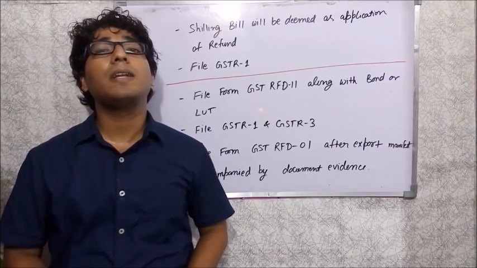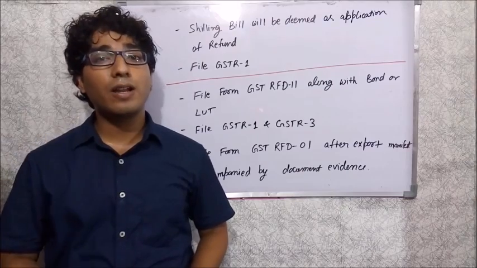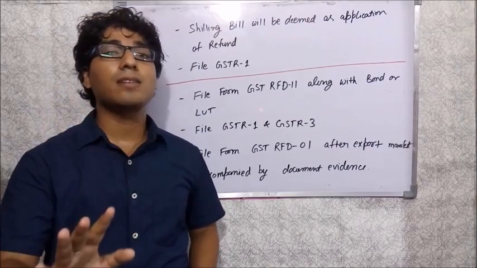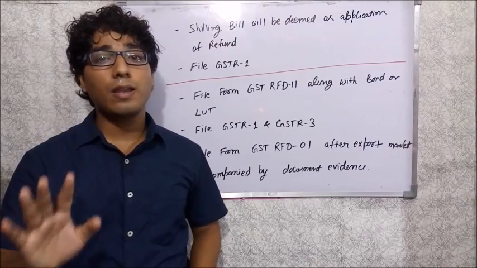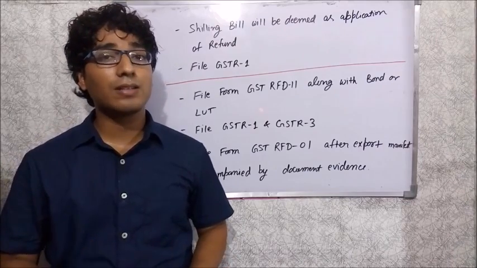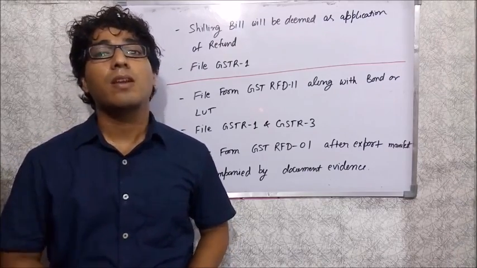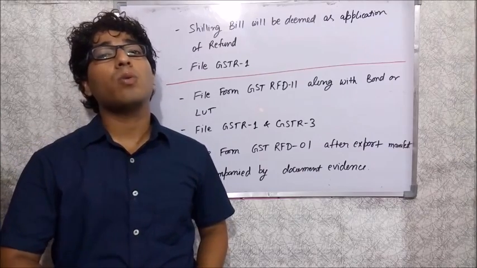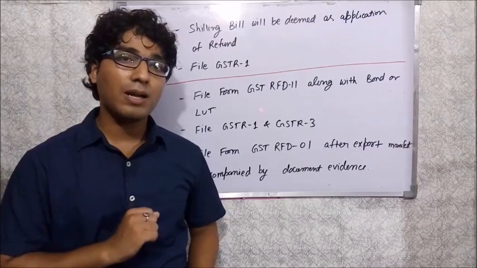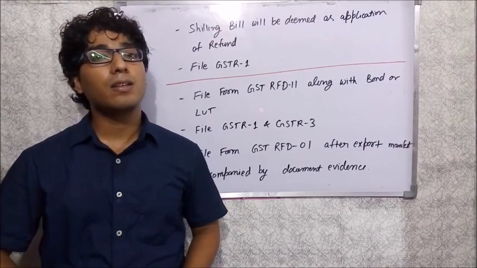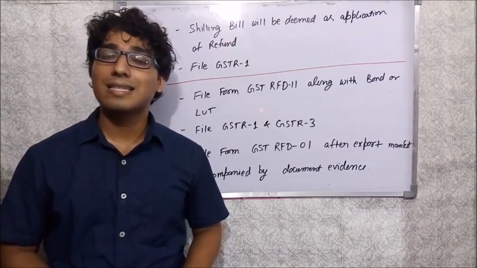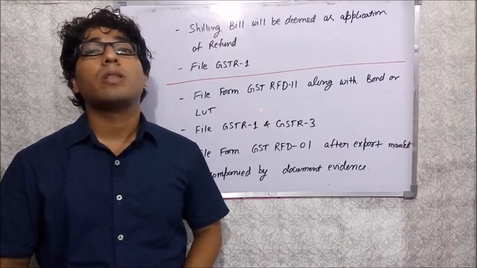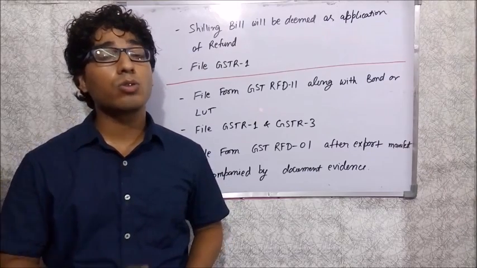So the shipping bill will be deemed as an application for the refund, and it will be deemed that you have filed the application only if the person in charge of the conveyance has duly submitted their export report or the export manifest to the customs department, and you file the return in GSTR 3 or GSTR 3B. First of all, we know that if you want a refund, then you should file an application.